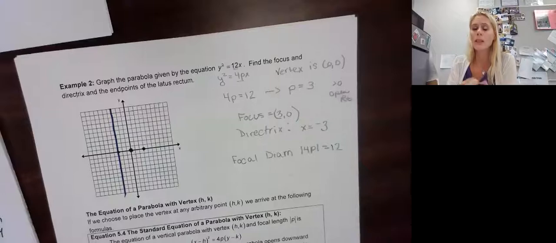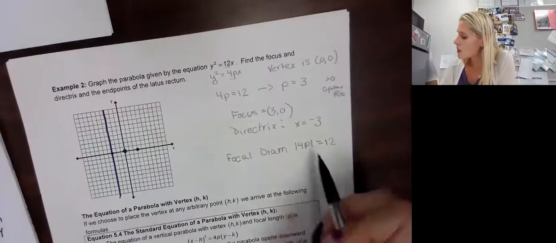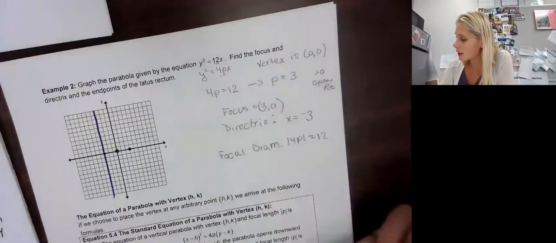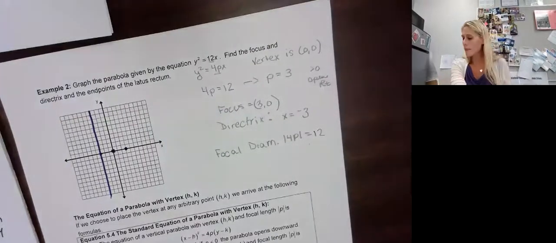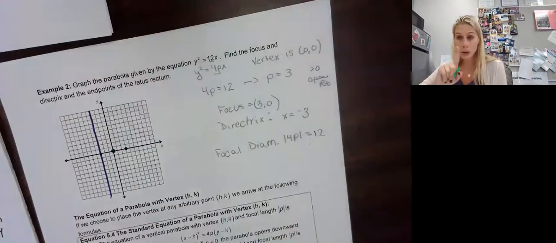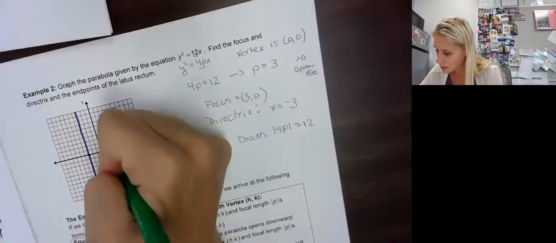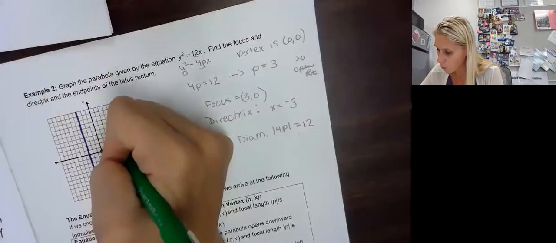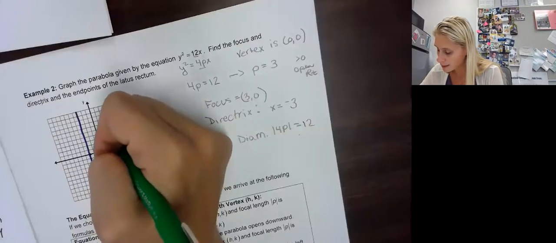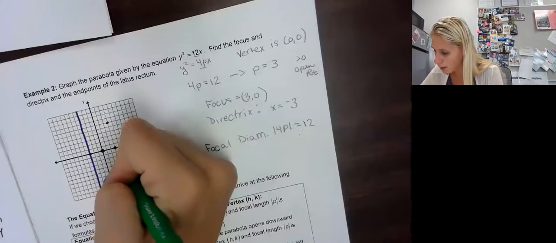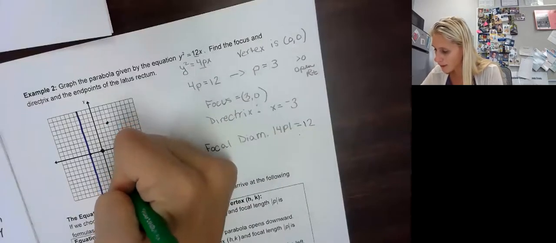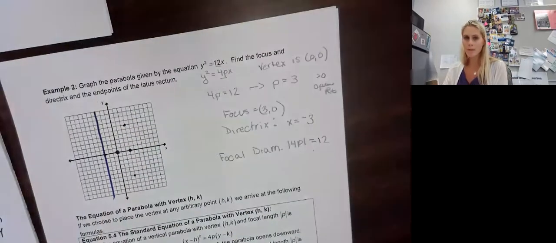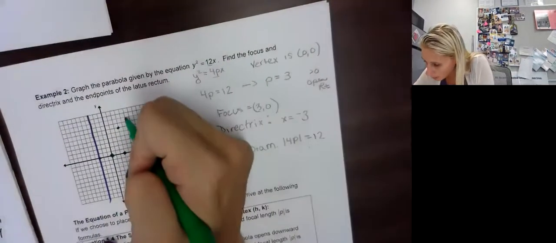You'll see as we get to problems ahead. So the diameter is 12. What does that mean? That means we're 12 wide. So think about splitting it in half. That means 6, right? It goes through the focus. So the focus is here. 1, 2, 3, 4, 5, 6 on that side. 1, 2, 3, 4, 5, 6 on that side. And now we can make our parabola.